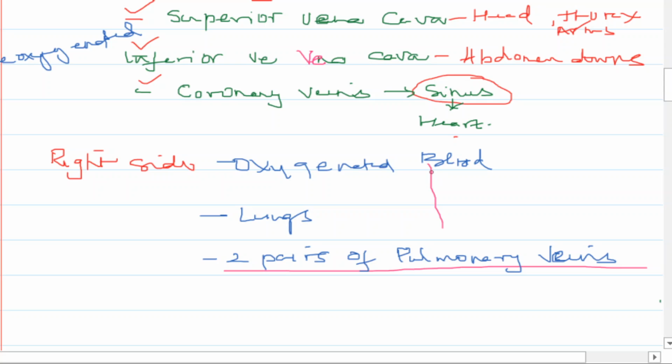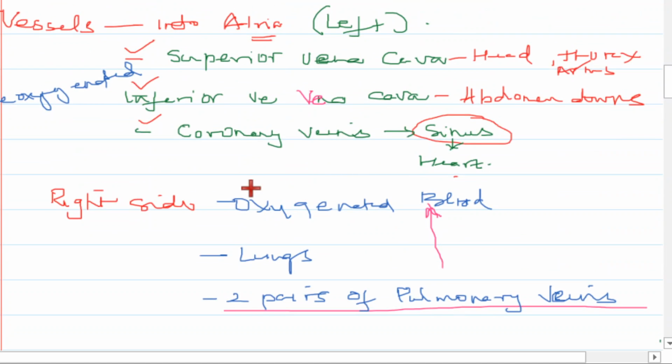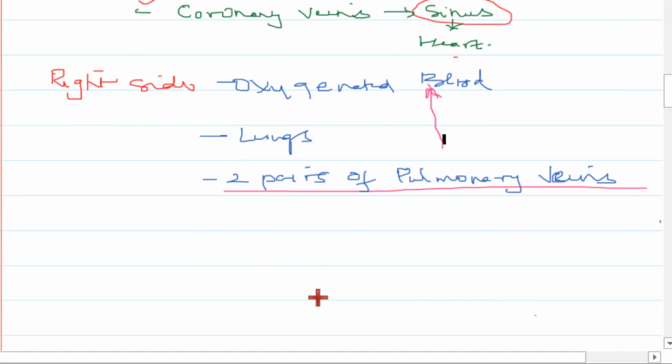This is the only exception to the rule. And the pulmonary arteries, which we will talk about in a couple of minutes. So these two pairs open into your right side. So the left side has 3, the right side has 2. Two pairs of openings of the pulmonary veins coming in. I will look at the picture in a bit.